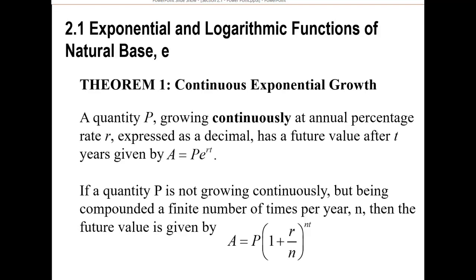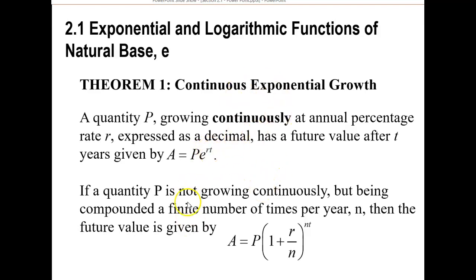So if a quantity p is growing continuously, compounding interest continuously at annual percentage rate r, which we will always express in decimal form in our formula, it has a future value after t years given by this formula. So the amount you'll have after t years if you deposit p dollars in an account is found by taking how much you deposit, p, multiplied by e raised to the power of the interest rate as a decimal times the number of years, r times t.